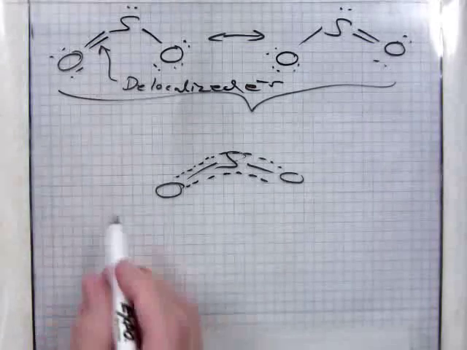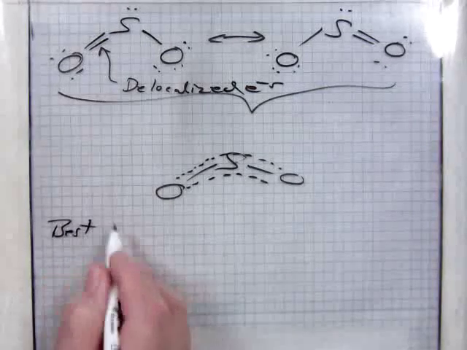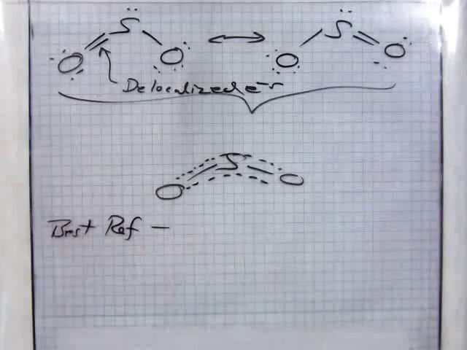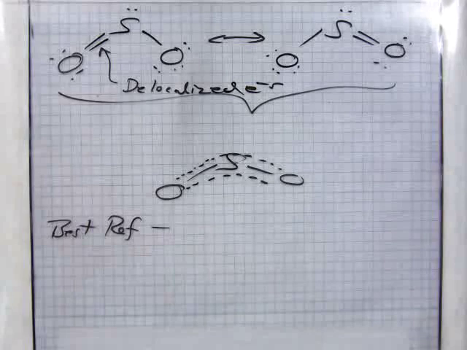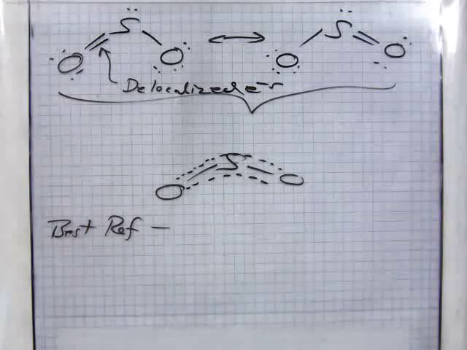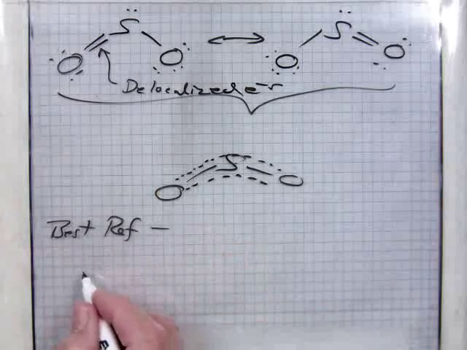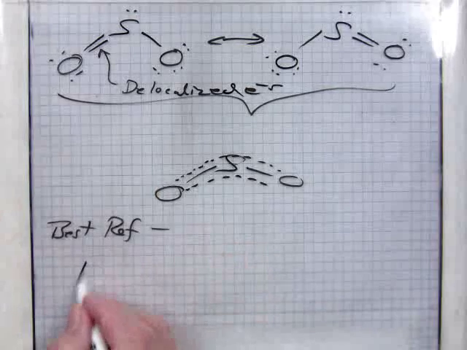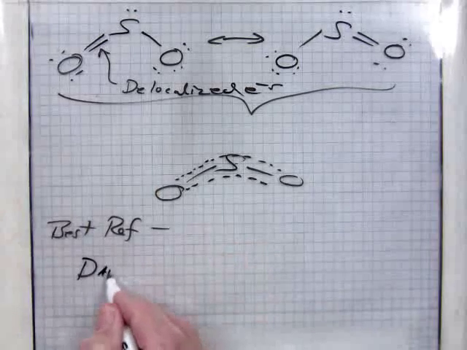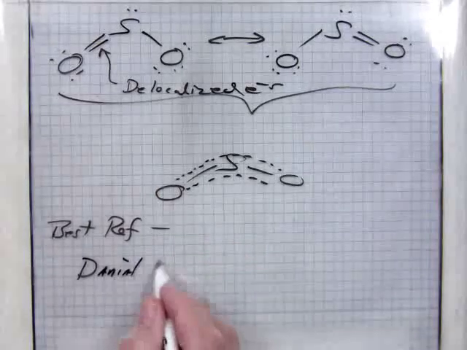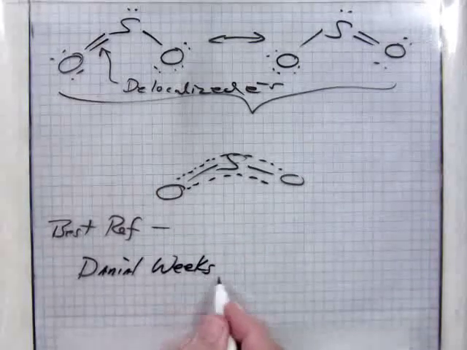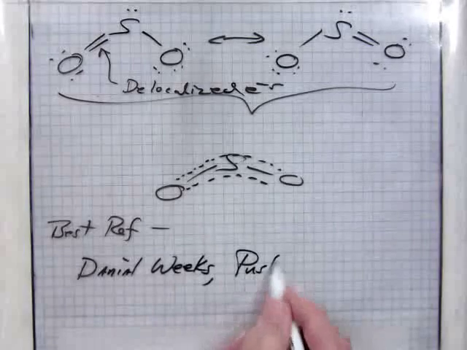And the best reference that I've ever found on explaining resonance structures at that level, and these are just definitions that I'm giving you, is what we call Daniels, Weeks, Pushing Electrons.